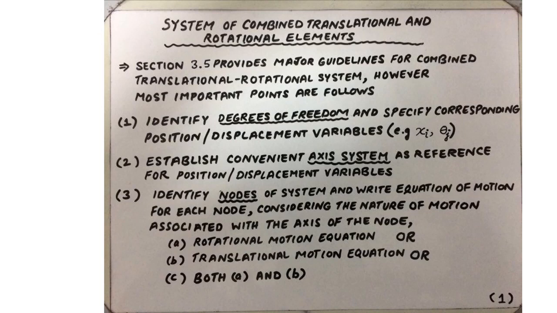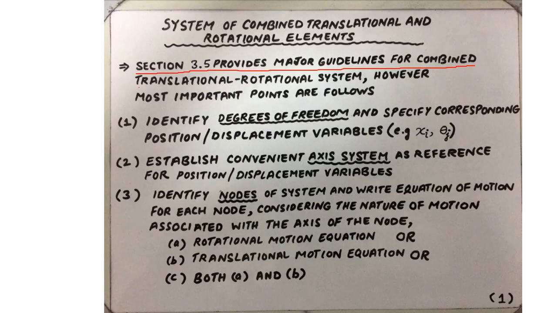The general modeling guidelines for the system of combined translational and rotational elements are already given in section 5 of the textbook. And we have already been practicing these guidelines as illustrated in our last two lectures. However, there are certain requirements which are specific to our new situation, which need explicit emphasis.